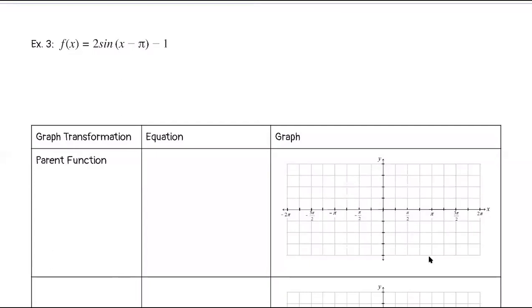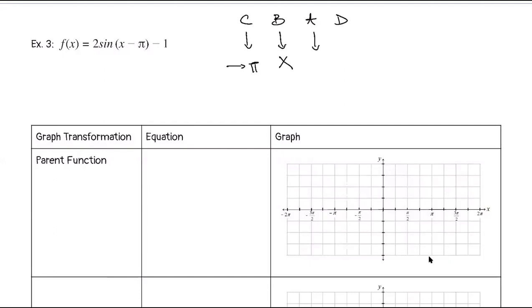So if we kind of preview what we have here, we know we have these 4 graph transformations. And in this case, we do have a phase shift. We're going to move to the right pi units, okay? And then there's no horizontal compression here, all right?